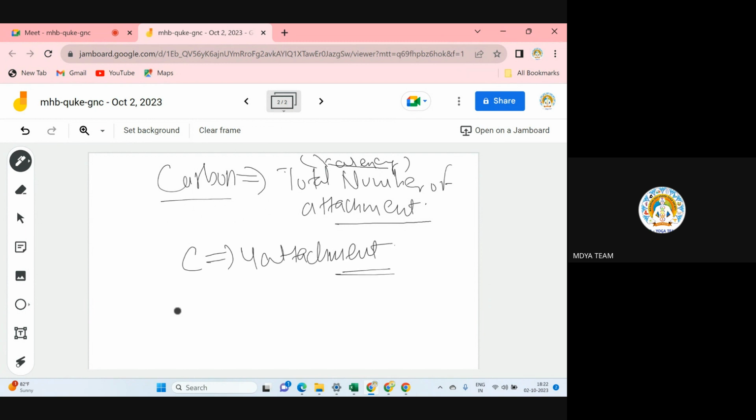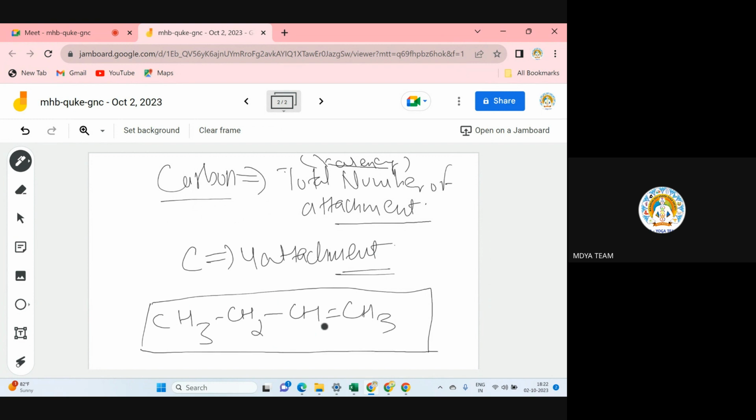So let's discuss a molecule: CH3, CH2, CH double bond CH3. In this molecule there is a double bond present. This is just an explanation of saturated and unsaturated fatty acid.